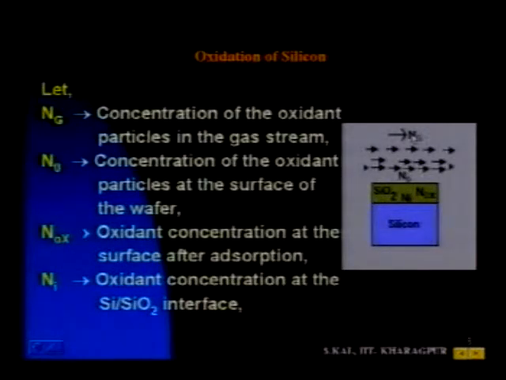One is Ng, purely in the gas phase. Next is N0, just at the surface of the silicon dioxide. Then NOx, just after absorption, and then Ni. Ni is the oxygen concentration at the SiO2 interface.